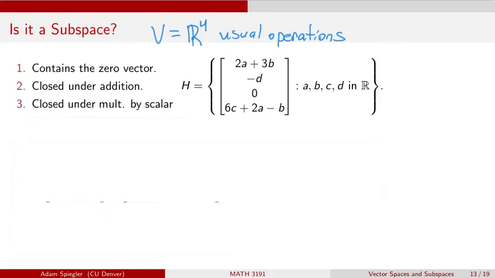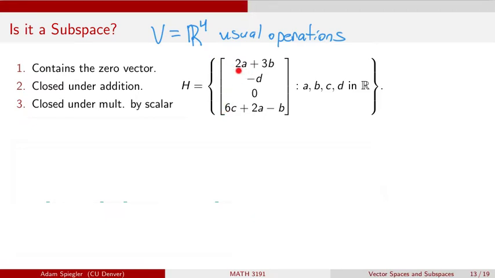And is that subset closed under multiplication by a scalar? So the example I want to take a look at first is we're going to let our vector space be R4, and we're going to use the usual operations, vector addition and scalar multiplication. And I want to consider subset H, which consists of vectors in R4 that are of this form.